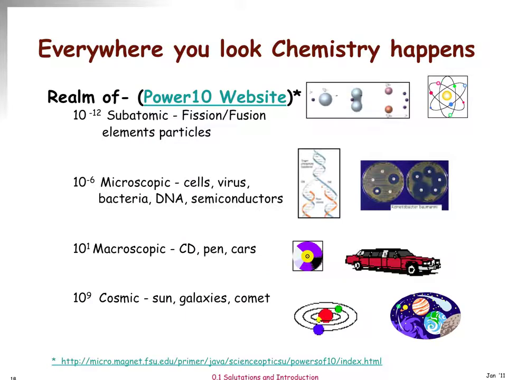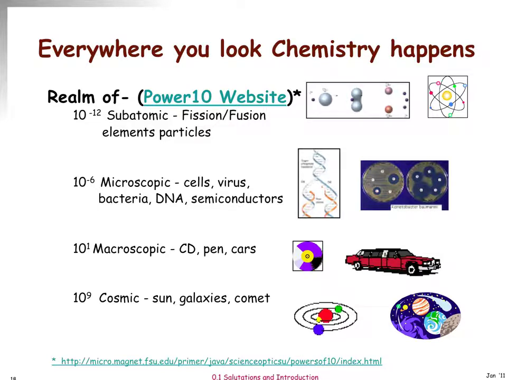Here are just a few examples of certain items and the size of matter. When we talk about the atomic scale, we're looking at 10 to the minus 12 meters. That's in the realm of nanometers when we're looking at subatomic particles. When we're talking about cells and viruses and DNA, we're looking at micrometers.